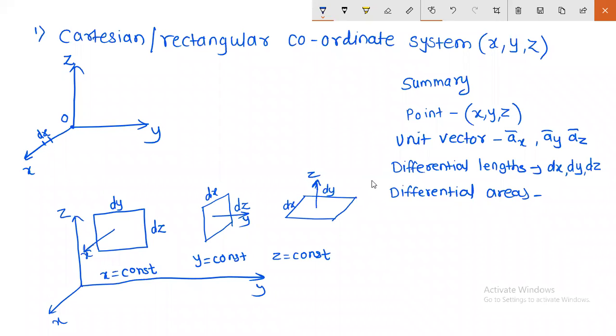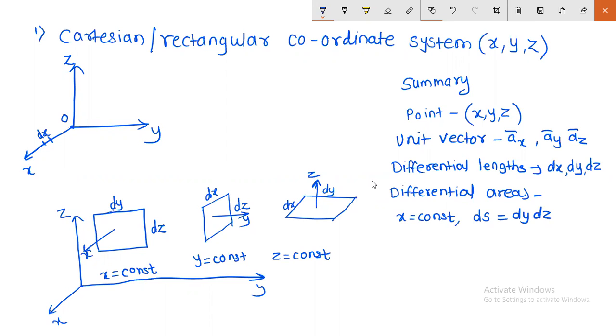Here, if I consider x is equal to constant, what is the differential area? What is present here? dy and dz. So it is simply dy into dz.